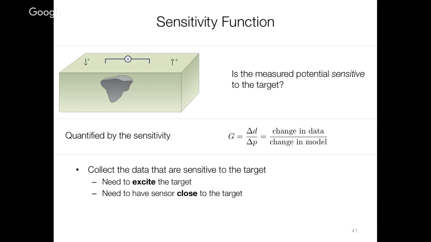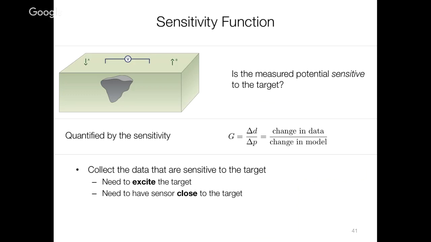Usually when people talk about sensitivities, they just go right to the end and say, okay, here's the sensitivity. But rather, proceed in two steps, because there are two parts of sensitivity: you need to excite the target, and then the second is that you need to take a measurement.